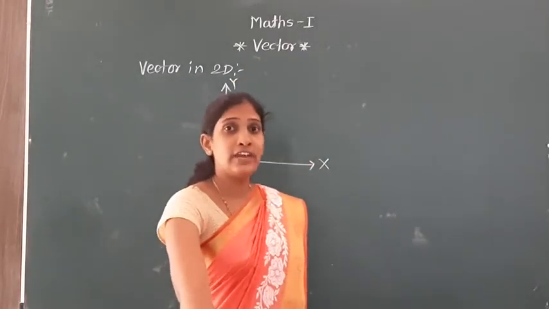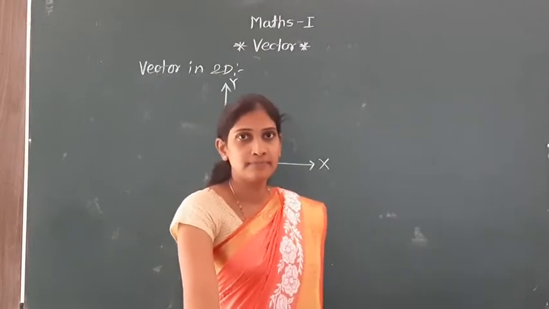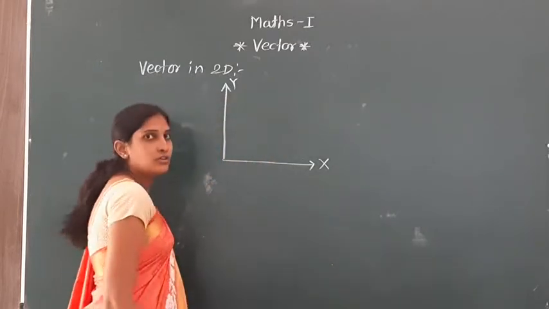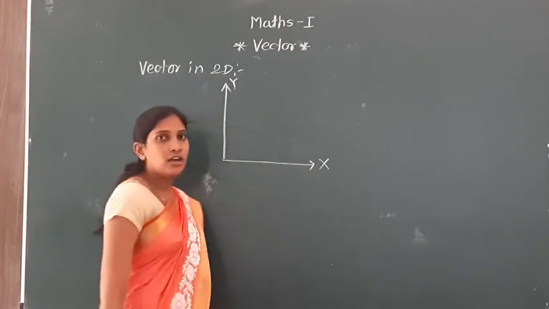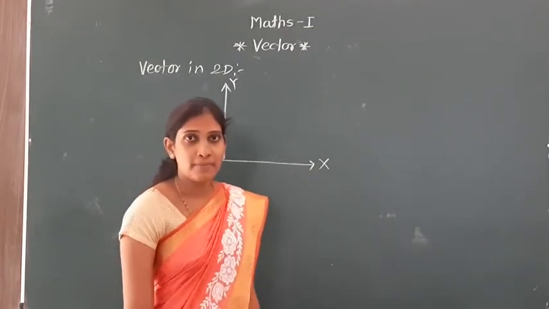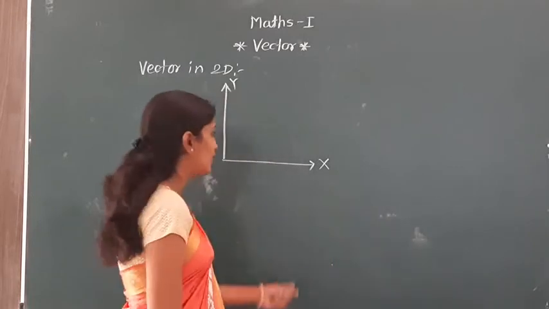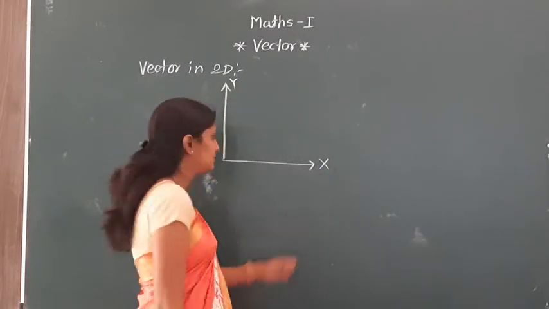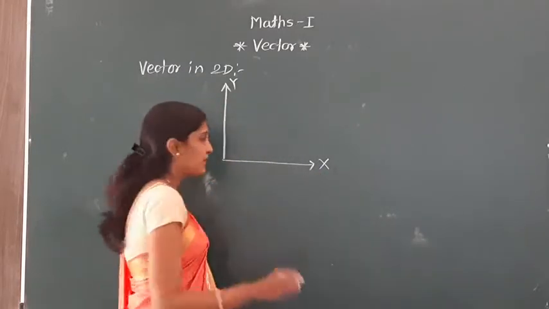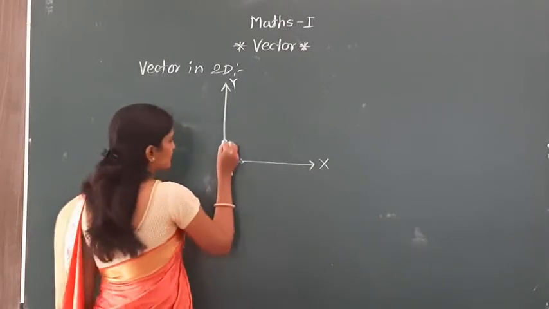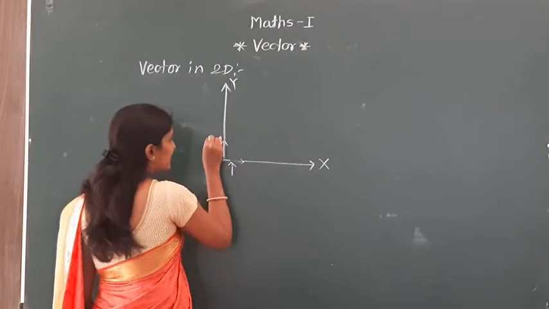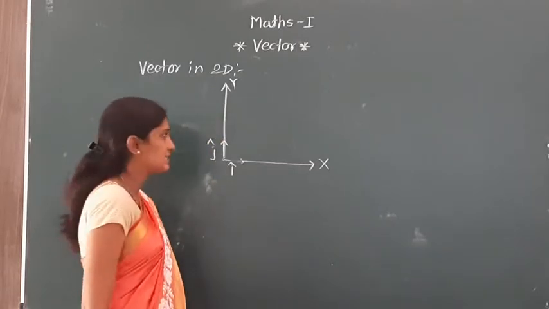To assign a vector in the two-dimension system, we consider two unit vectors, that is I cap and j cap. I cap is a unit vector along the x-axis, and j cap is a unit vector along the y-axis.